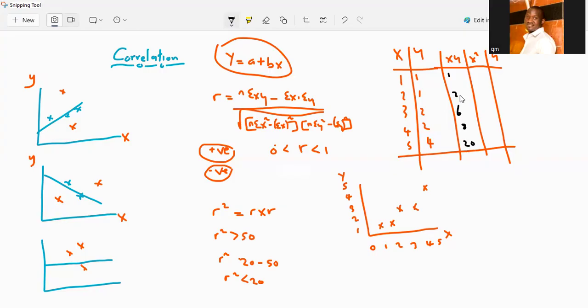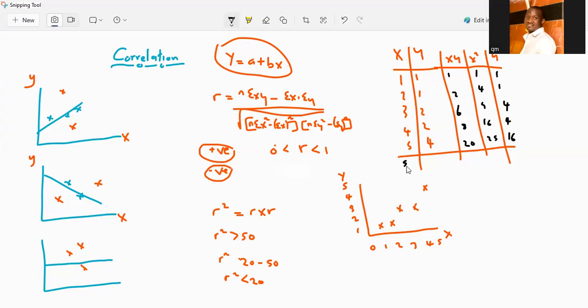And y squared, here we have to square these ones individually, 1, 1, 4, 4, and 16. Then you total up here.